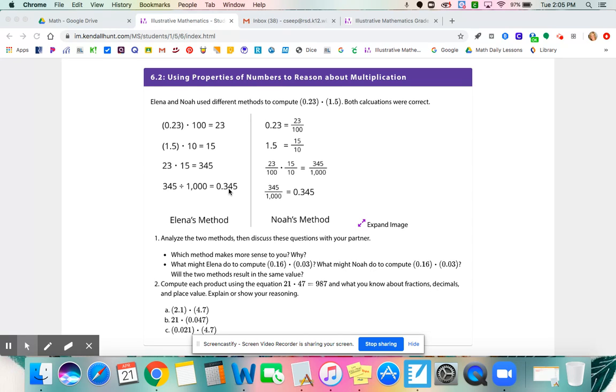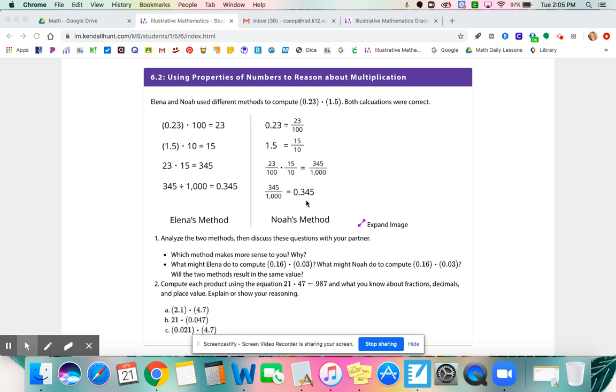Noah, on the other hand, chose to change his numbers to fractions, 23 hundredths. And the 5 is in the tenths. So because it's a number greater than 1, we have an improper fraction of 15 tenths. And then he said, hey, multiplying fractions is easy to me. I multiply straight across. 23 times 15 is 345. 100 times 10 is 1,000. 345 thousandths is my answer.